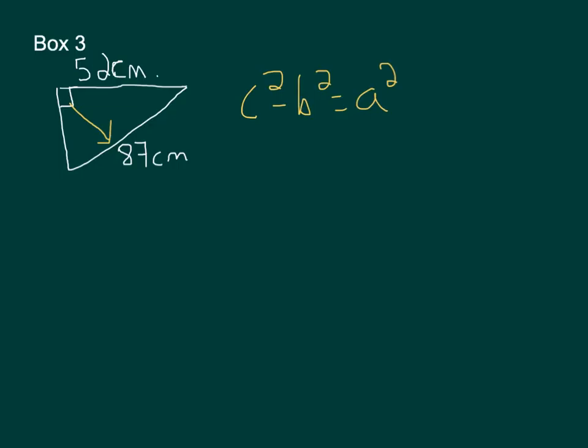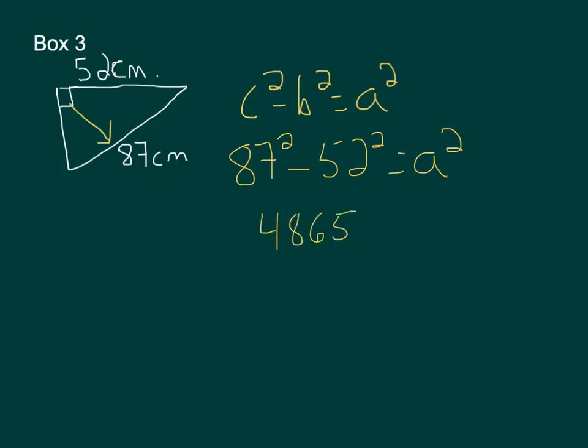So we're going to do 87 squared minus 52 squared equals a squared. And just like before, I can type in 87 squared minus 52 squared into my calculator, and I get 4,865 equals a squared.